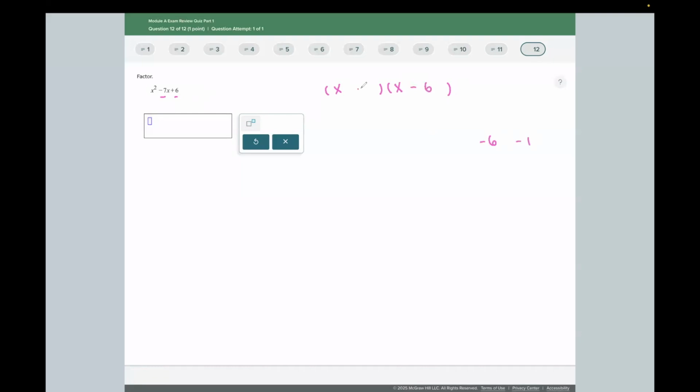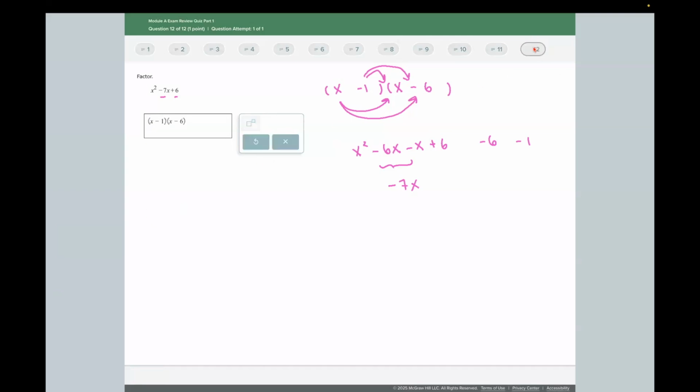So minus 6, minus 1, and when I FOIL, I get x squared minus 6x minus x plus 6. And these middle terms go to negative 7x. All right, so let me type in our solution. We get x minus 1 times x minus 6. All right, very good.